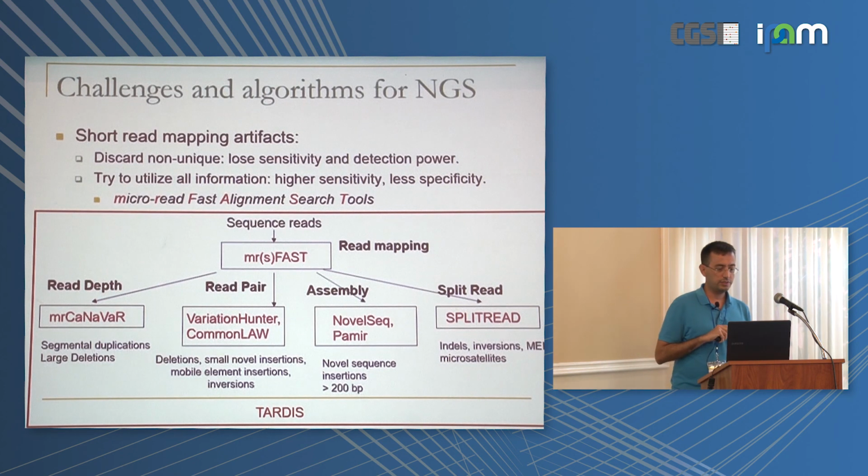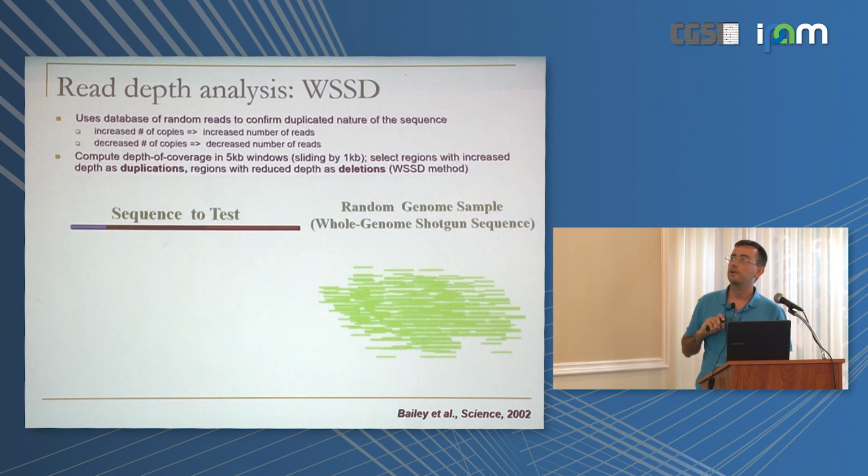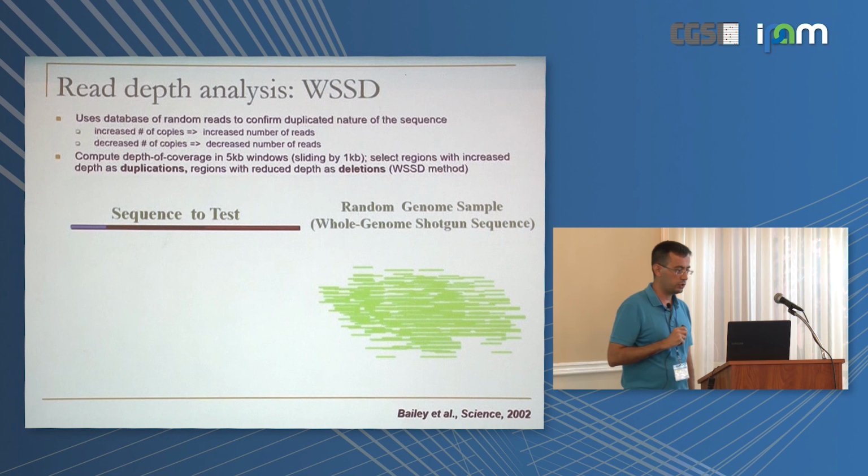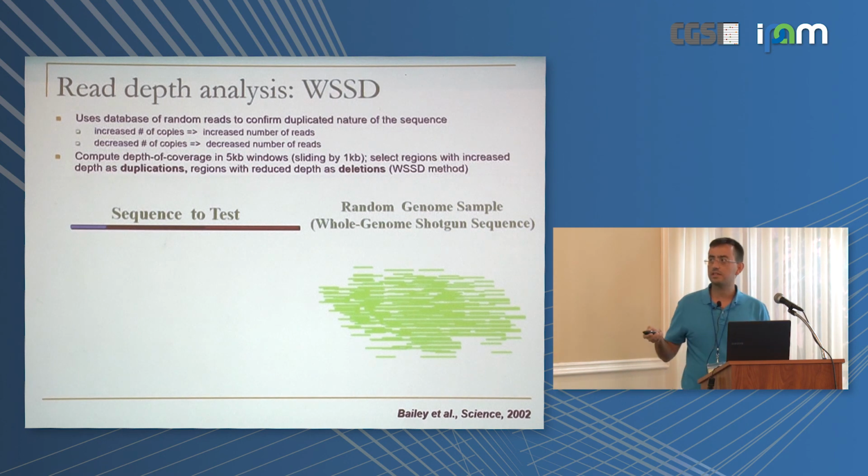So how do we do the read depth analysis? Okay, so the read depth analysis was first developed in 2002. Let's say we have this DNA, and we have all the reads generated from this DNA randomly. Let's say this region is deleted, so maybe a heterozygous deletion.